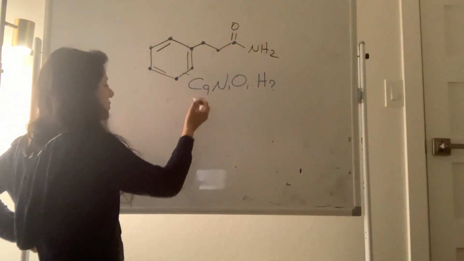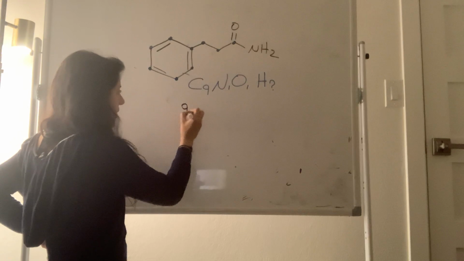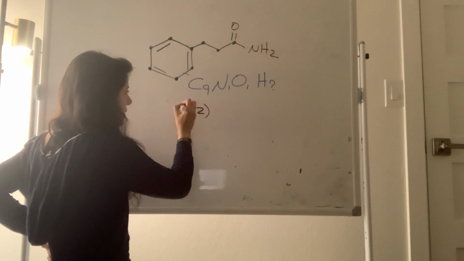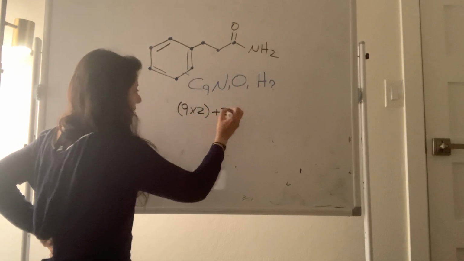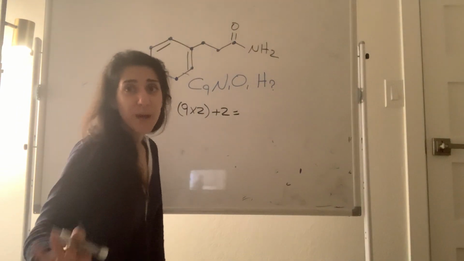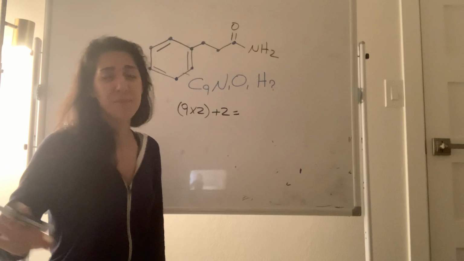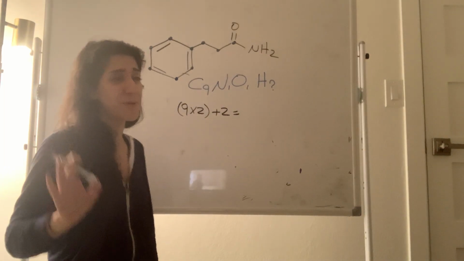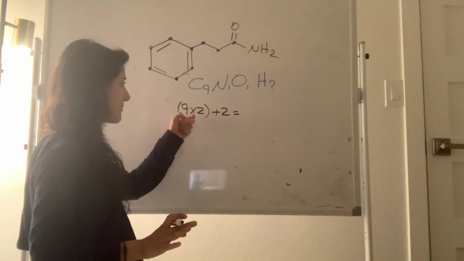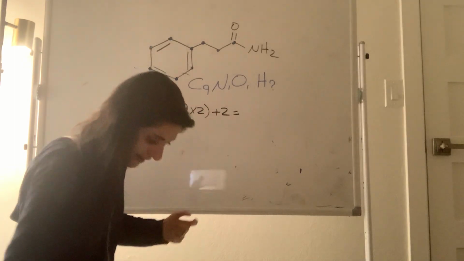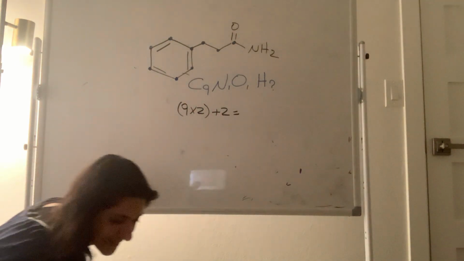You ready? So the number of carbon is 9. Number of carbon times 2 plus 2. Do me a favor. I know you're good at math, but do not do math in your head during an exam, because even the simplest math during an exam, you can mess it up. 9 times 2 plus 2 is, oh boy, I wish I had a calculator right now. Is that 20? Yeah.